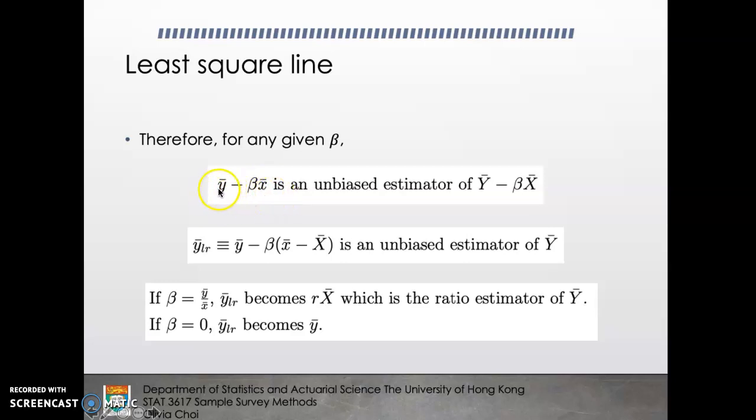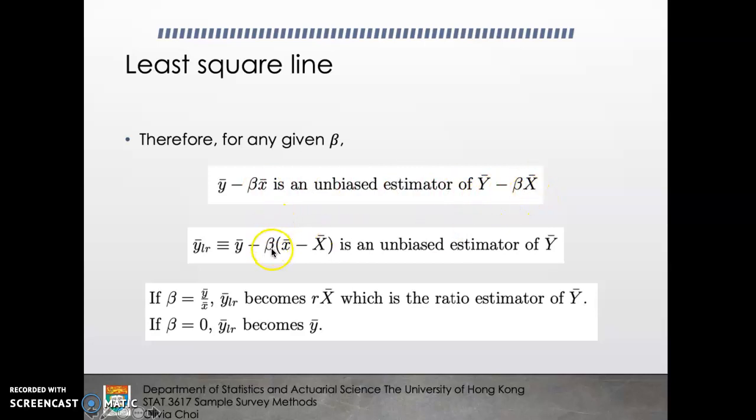This sample least squares line could be an unbiased estimator for the population least squares line, assuming they have the same slope, beta. By equating the two, we can estimate the true population mean capital Y bar by little y bar minus beta x bar plus beta capital X bar.